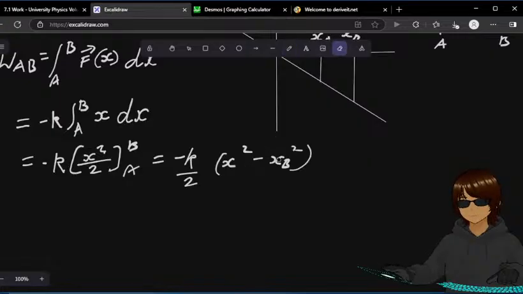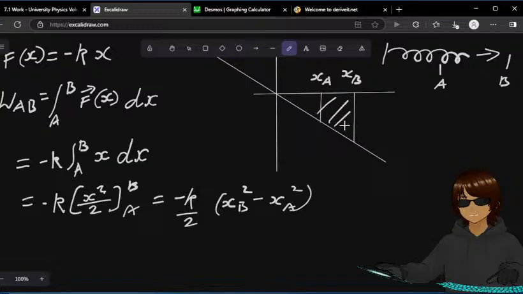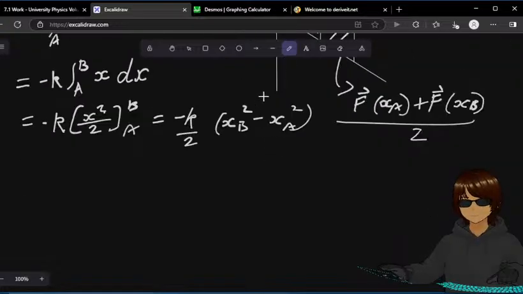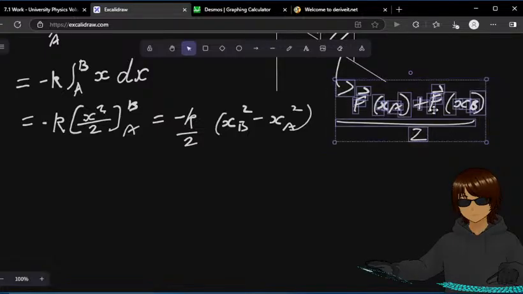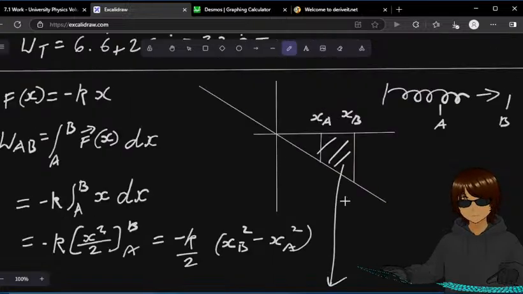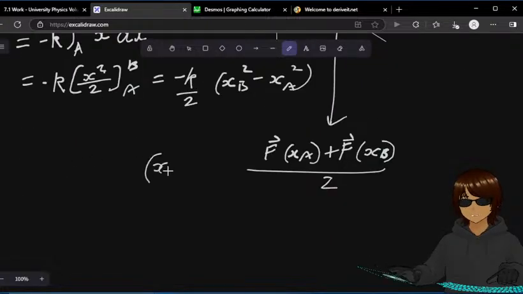Sorry, B, A. But now for the area of this, it's a trapezium, so F at XA plus F at XB divided by 2, times the height, XB minus XA.